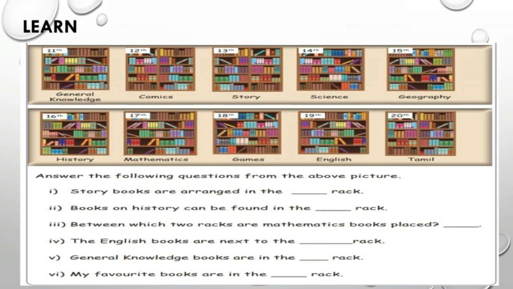So which rack is it? General knowledge books are kept in the 11th rack. And the last, your favorite books are in the dash racks. I have written here it's 14th. Science is my favorite book, so I have written 14. Whatever you like, you have to write on your own for the last one.